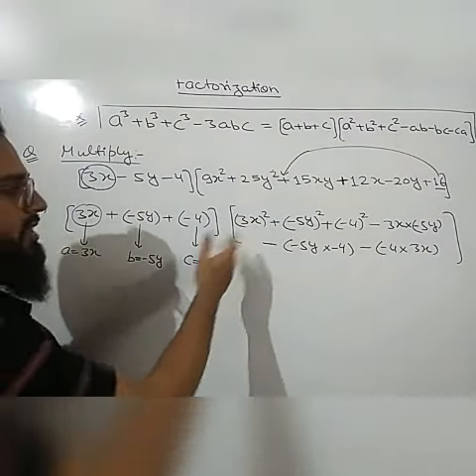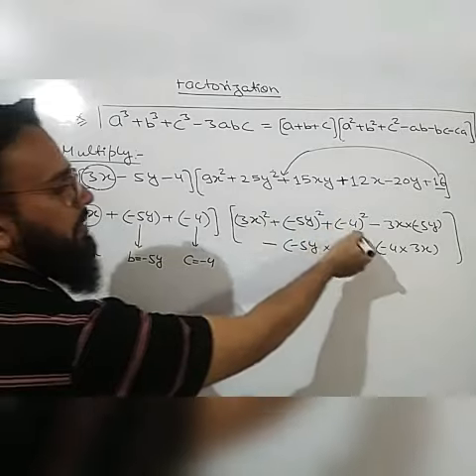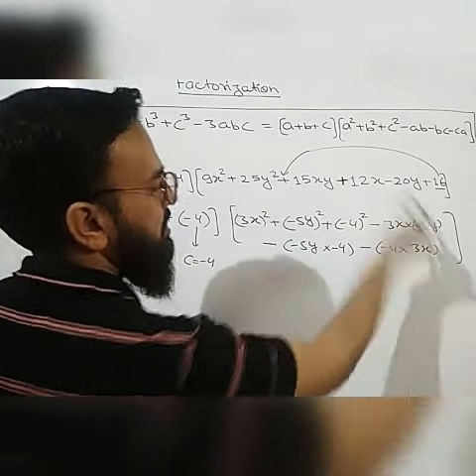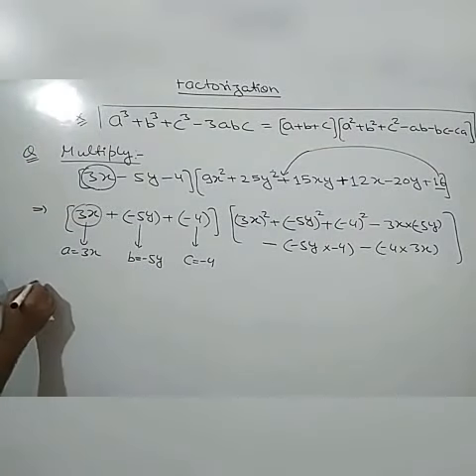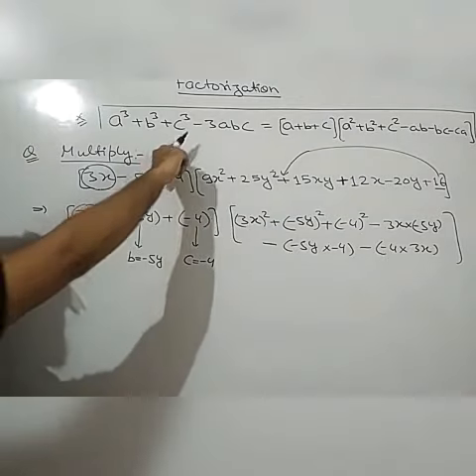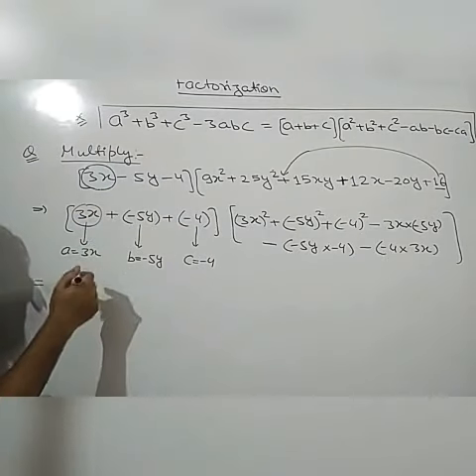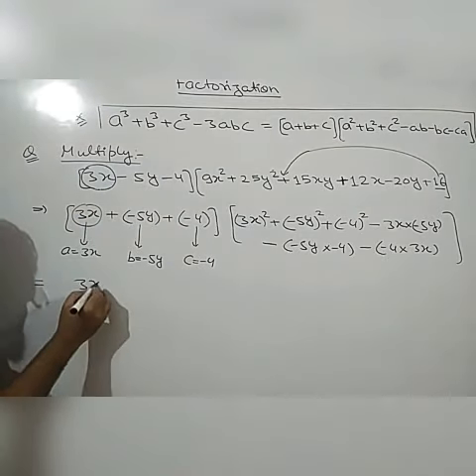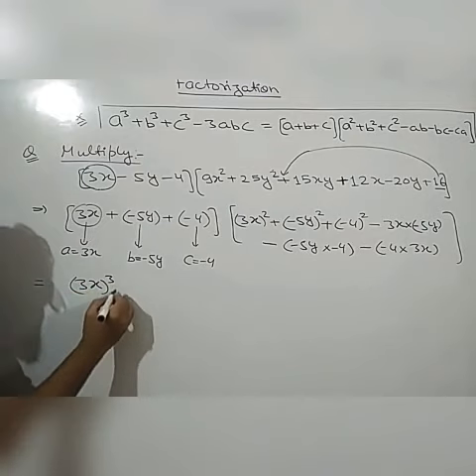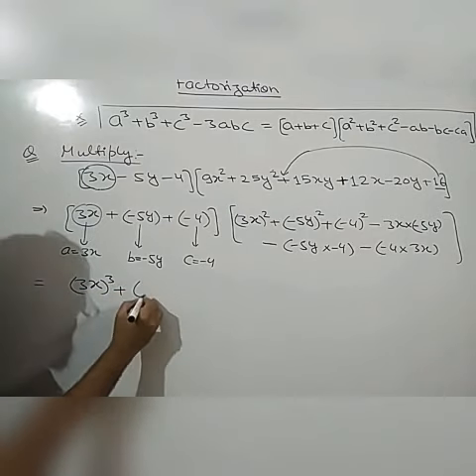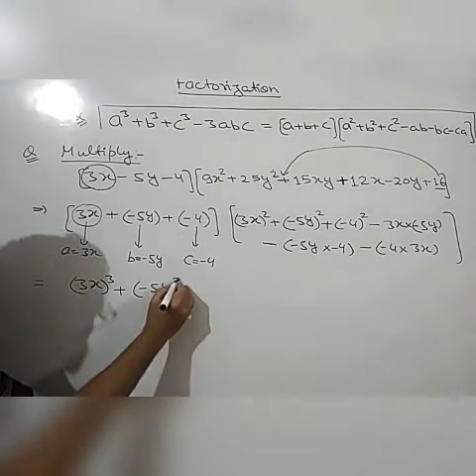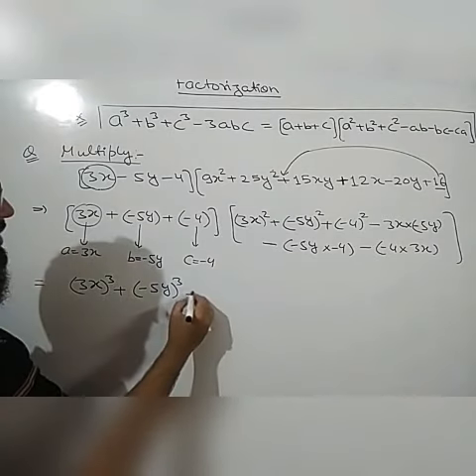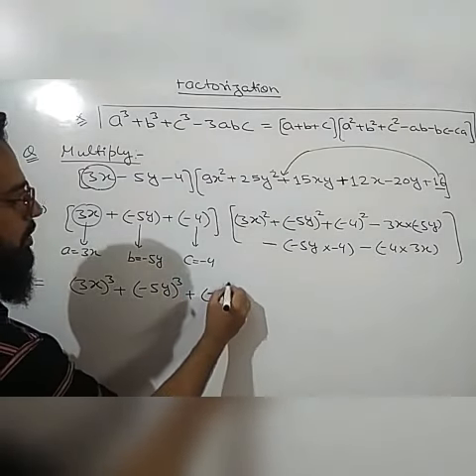Okay, so it is expanded form of identity. It is a square plus b square plus c square minus ab minus bc minus ca. So we can write it directly as a cube plus b cube plus c cube. So what will be a cube? It will be equal to 3x whole cube plus what will be b cube? It will be minus 5y whole cube plus c cube. It will be minus 4 whole cube.